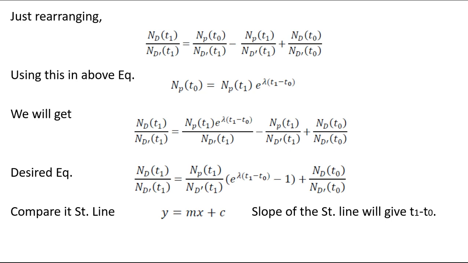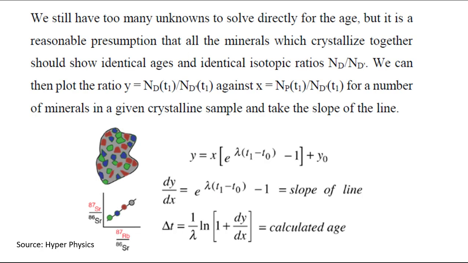If we know these ratios, Nd(t1) over Nd'(t1), y, and Np(t1) over Nd'(t1), x, we can plot a straight line, as shown in one example, and find the slope of this plotted line.